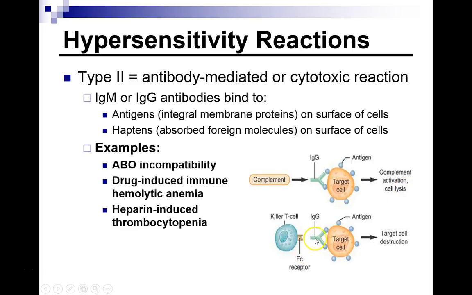Or here is another antibody bound to a target cell, and this time instead of complement finding the antibody, a killer T cell finds that antibody, again leading to destruction of the target cell. Examples of type 2 hypersensitivity reactions include ABO incompatibility reactions, drug-induced hemolytic anemia, and heparin-induced thrombocytopenia.